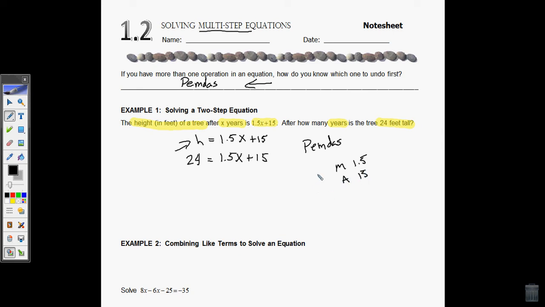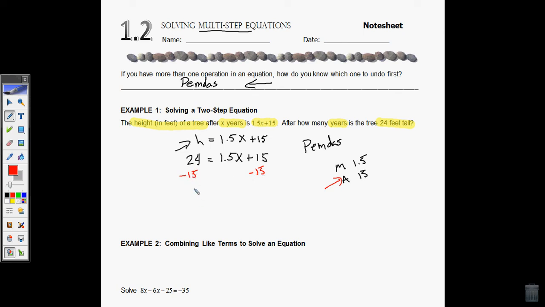So if I work backwards and do my order of operations backwards, doing the operations that are going to undo them, I will subtract 15 first. Because I'm going to have to go from the bottom all the way up. Subtract 15. And then I have to do it to the other side in order to keep things balanced.